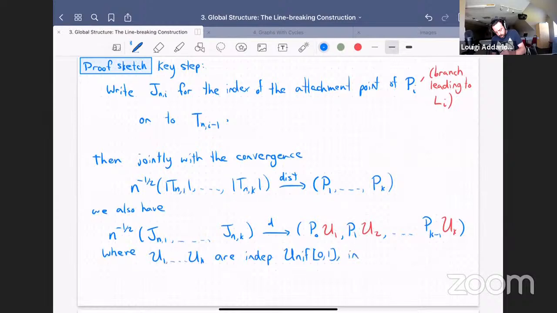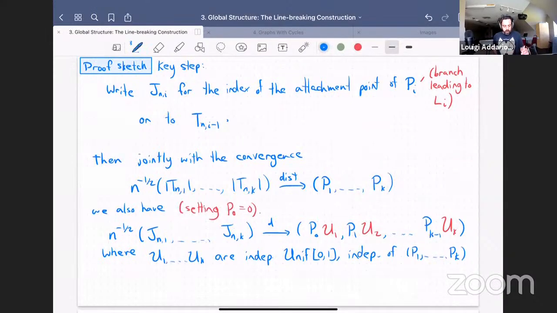And this is true independent of each other, and also of the vector p_1 up to p_k. And I should say here I'm setting p_0 equals 0.